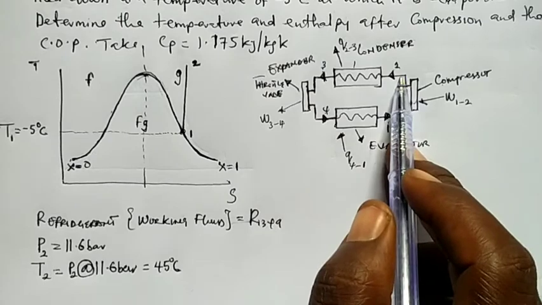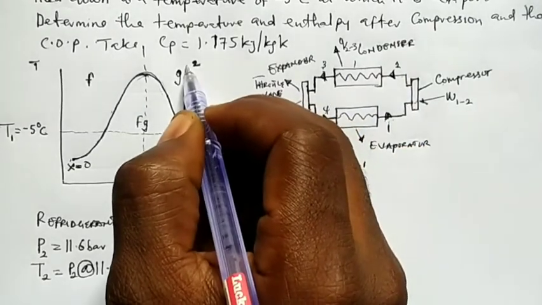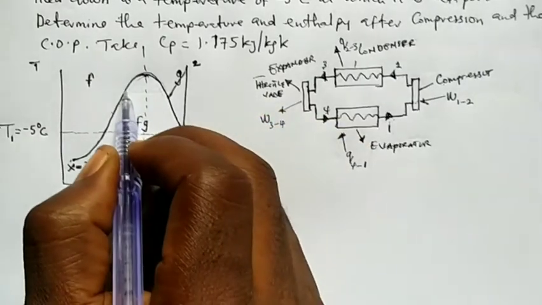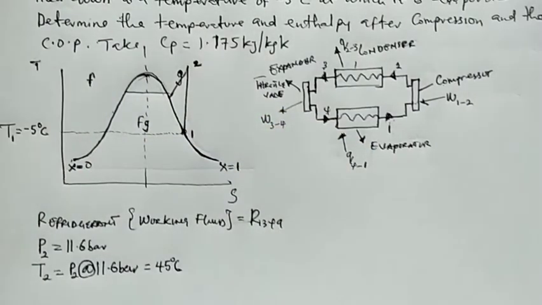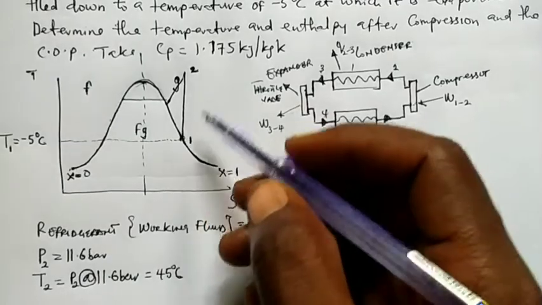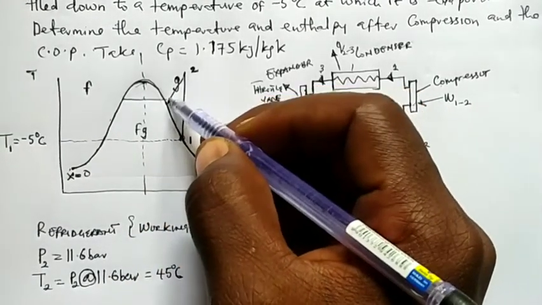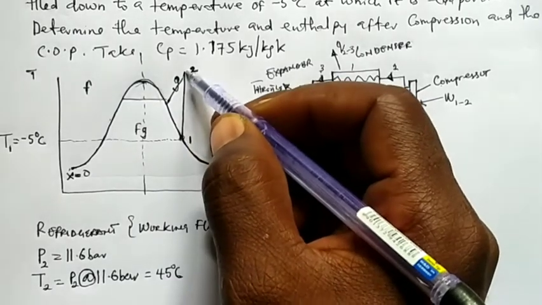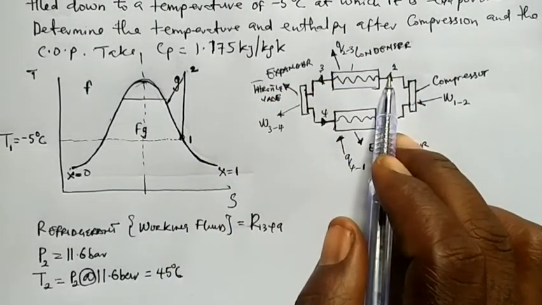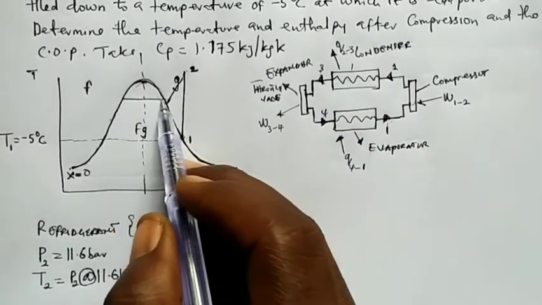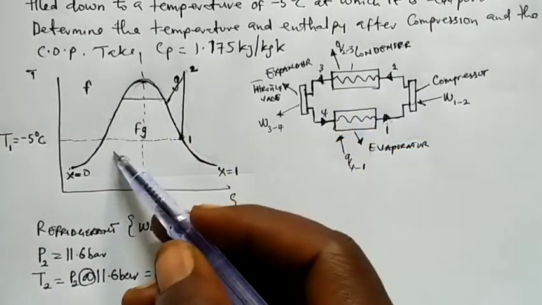So what I'll do is that after it has been compressed, what happened? It enters the condenser. So it will come down here and it enters the condenser. So it's set to a pressure of what? 11.6 bar, right? Then that means from 2 to here is the entry of the what? The condenser, and this is the condenser here. The condenser is here, the evaporator is here.